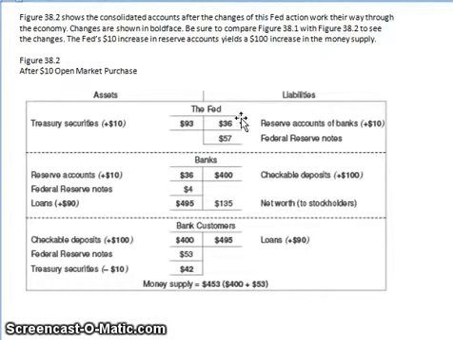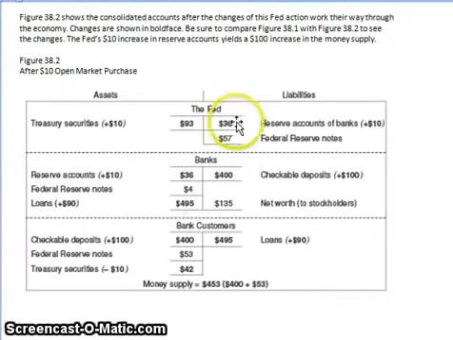Well, this is kind of interesting because if we're assuming a 10% reserve ratio, which we are in this particular case, and we've increased the bank's reserves by 10, what that means then is the banks will hold on to this $10, right? But it means that they can loan out an additional $90, given the reserve ratio. If we increase the bank's reserves here, it increases the bank's ability to loan out an additional amount of money.